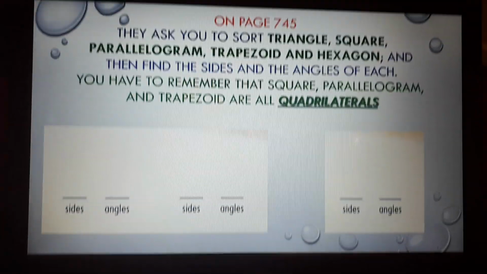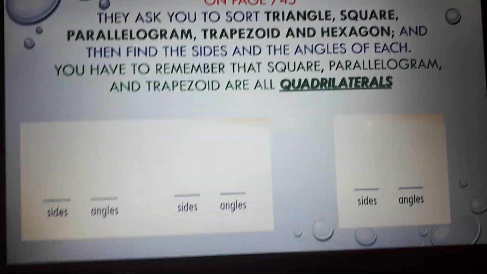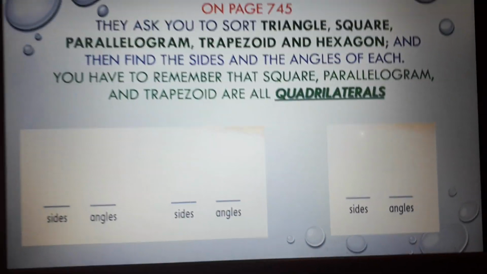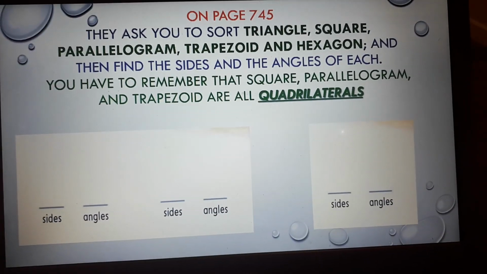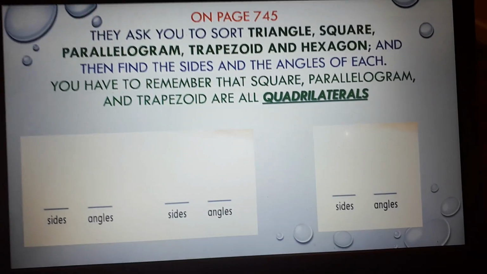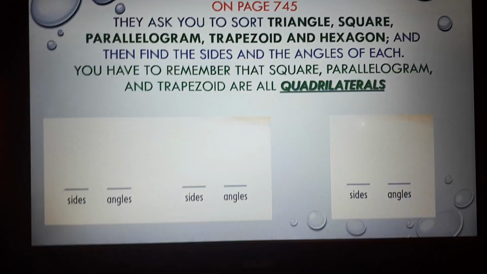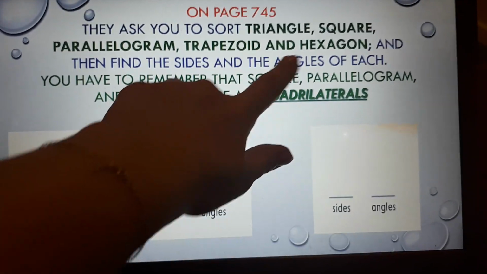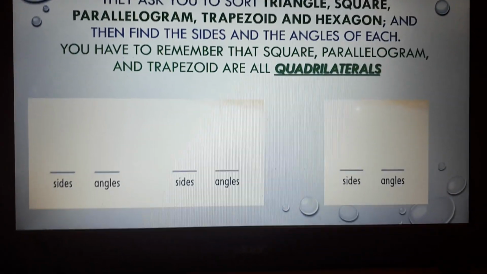Now, look at page 745. All of you open it. You will have this and this one under it. Okay, don't be confused as usual. They are asking you to sort triangle, square, parallelogram, trapezoid, and hexagon. What do you mean by sort?